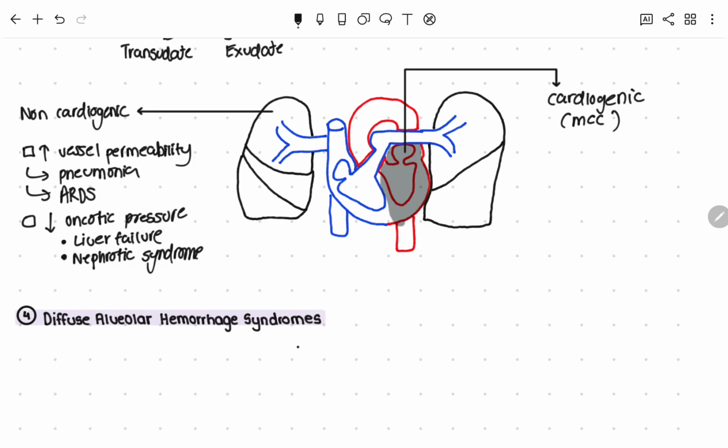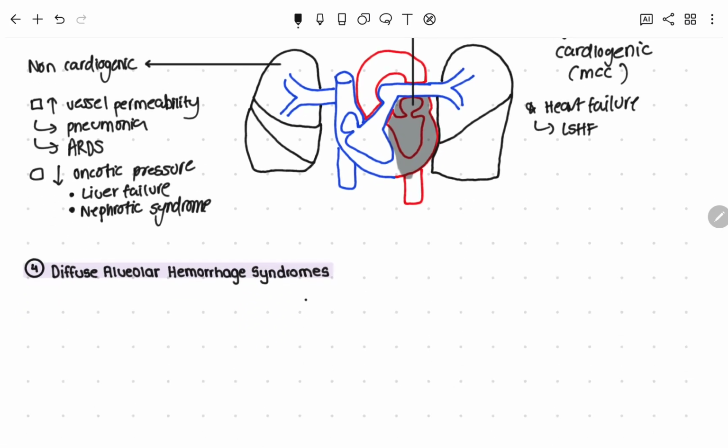As far as cardiogenic causes are concerned, this normally is associated with heart failure, specifically left-sided heart failure. You should know the manifestations and the presentations of left-sided heart failure.